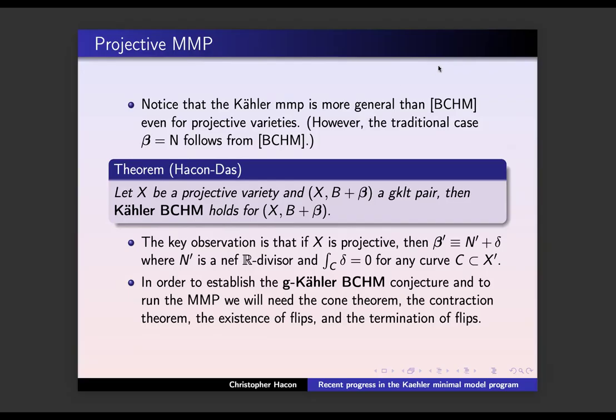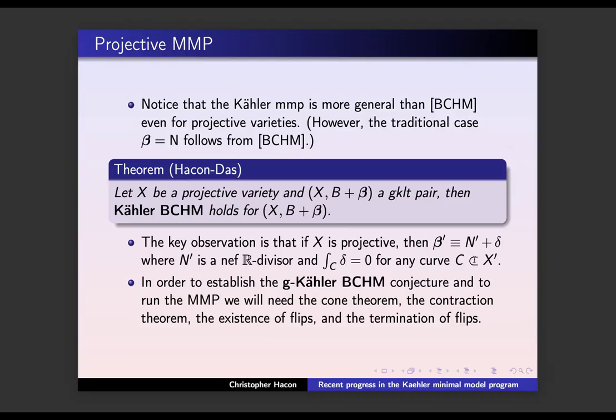It's not completely obvious. There are several technical details to worry about, and the main input is a Hacon theorem that I'll discuss later. But the key observation is that if X is projective, in fact, these (1,1) forms can be represented by an R-divisor plus another (1,1) form that integrates trivially against any curve.